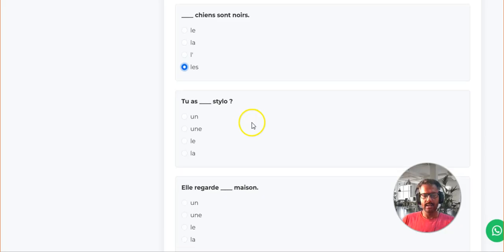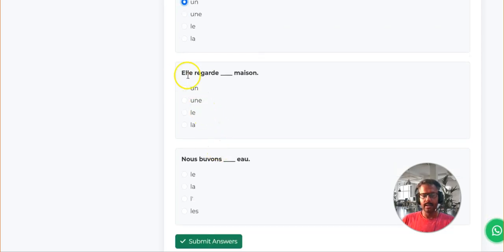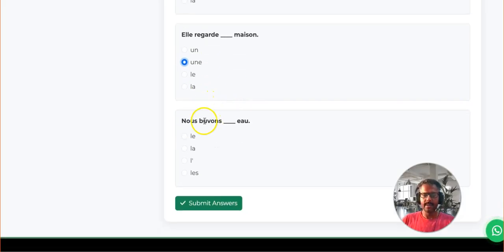Dogs are black. Tu as un stylo, because stylo is masculine, so un will come here because we're just generalizing the concept. We have a pen, tu as un stylo. Now, elle regarde une maison. She can look at any house. But if I were to say la maison, that's good also. That's totally fine. Both are right.